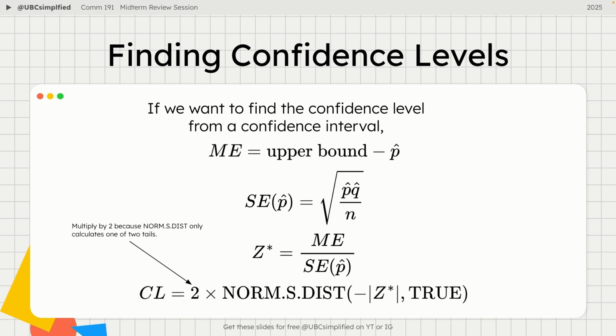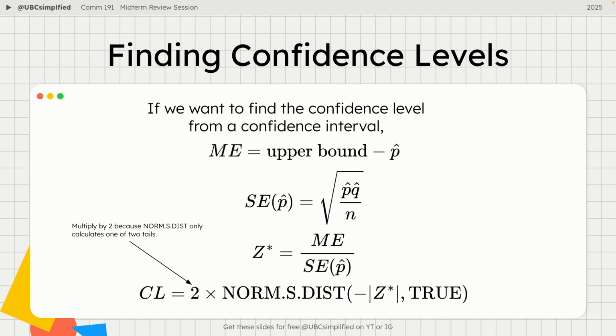And then this one is, let's say you're given the sample size and you're given the margin of error, and you want to determine what confidence level that is, basically kind of the inverse of what we did. So you take your upper bound, which is p hat plus your margin of error, and then you minus p hat. That'll give you your margin of error.